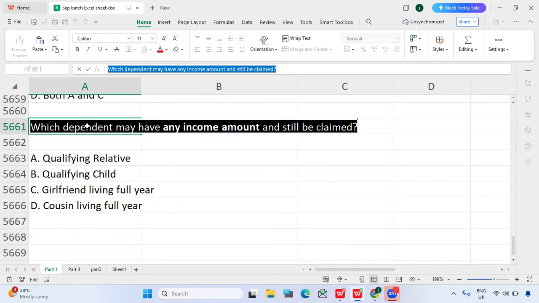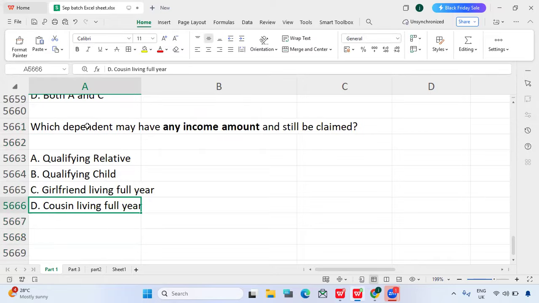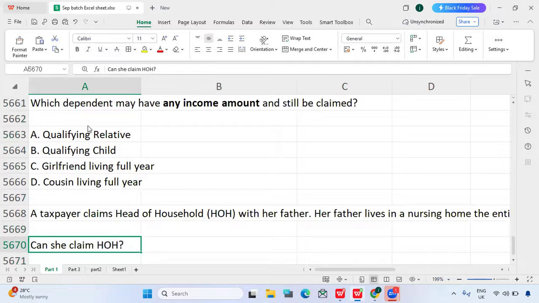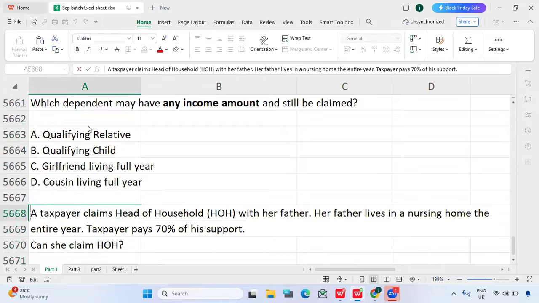Are we checking any gross income test for qualifying children? No, we are not checking any income. The income test we apply only in the case of a qualifying relative. So the answer is qualifying children; in qualifying children cases we will not check any income criteria.